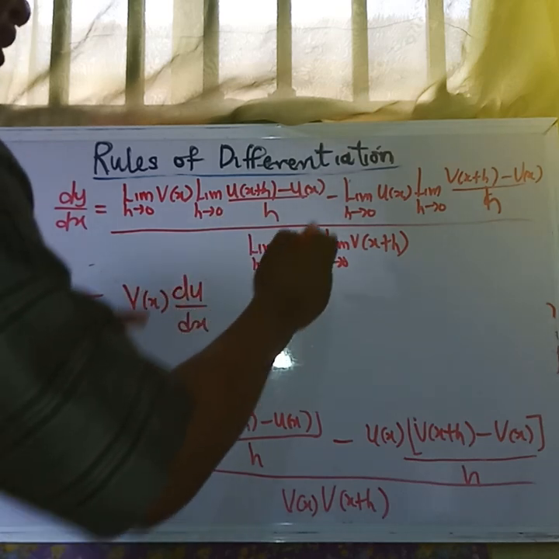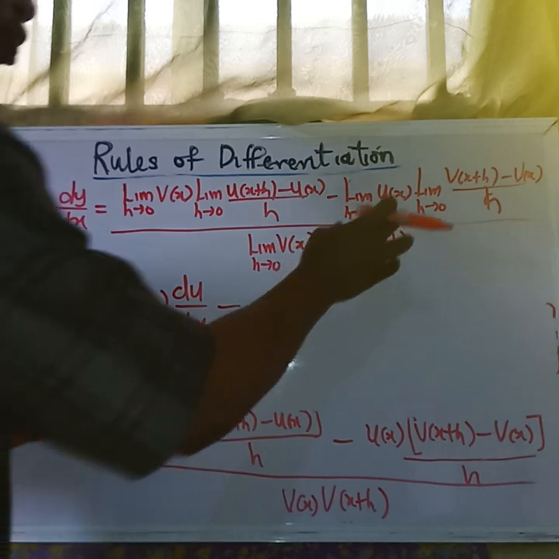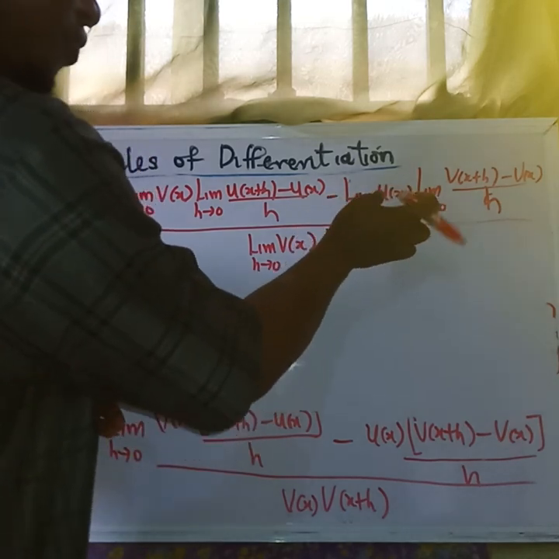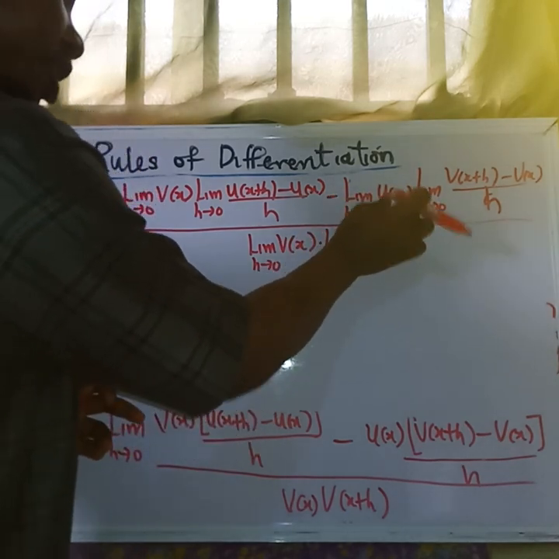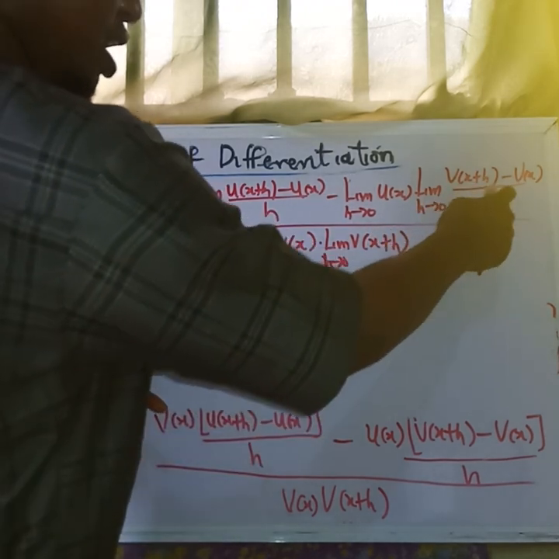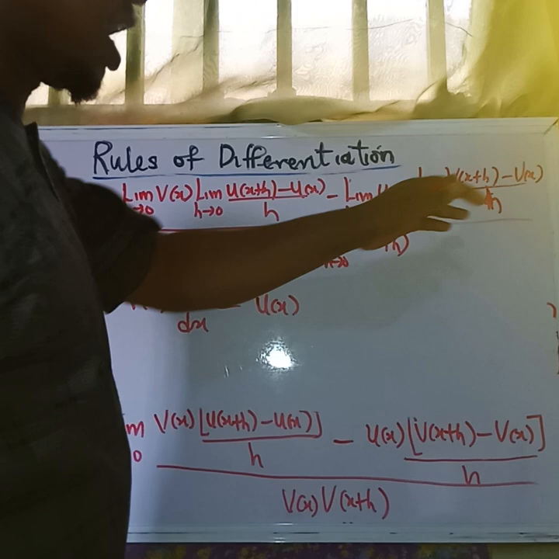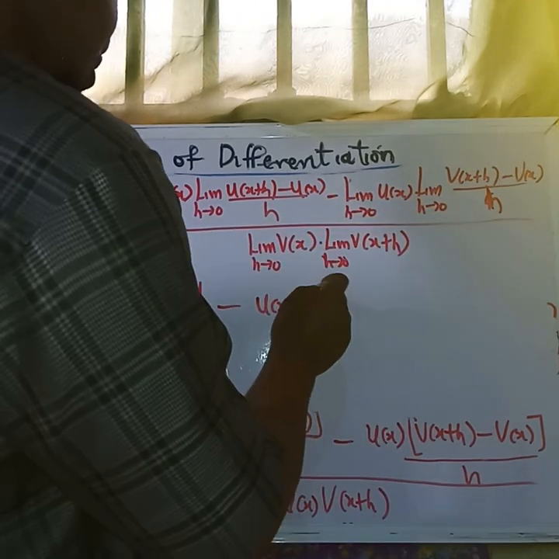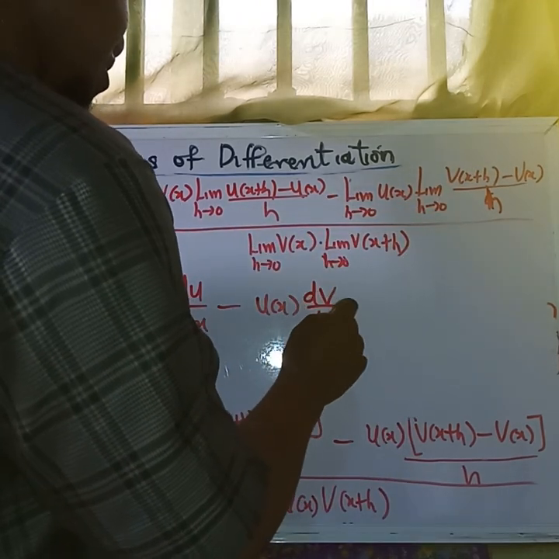Then minus. This also means this limit will not affect this because it is independent of h. So this is u of x, and what you have here is the derivative of v with respect to x. So this is dv dx.